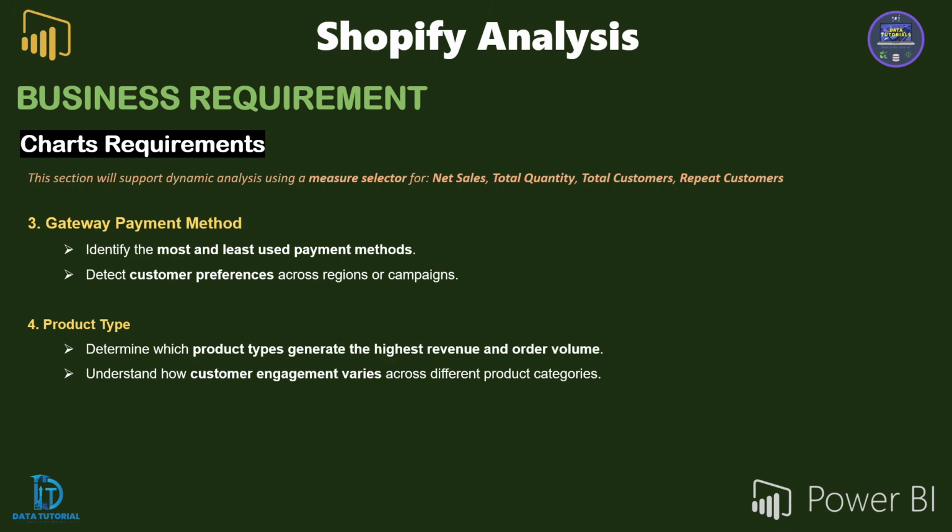Then the next one we have to find out is gateway payment method. So based on gateway payment method, we will try to create a donut chart which will help us to identify the highest and lowest used payment methods, which will help us as well as Shopify as well.